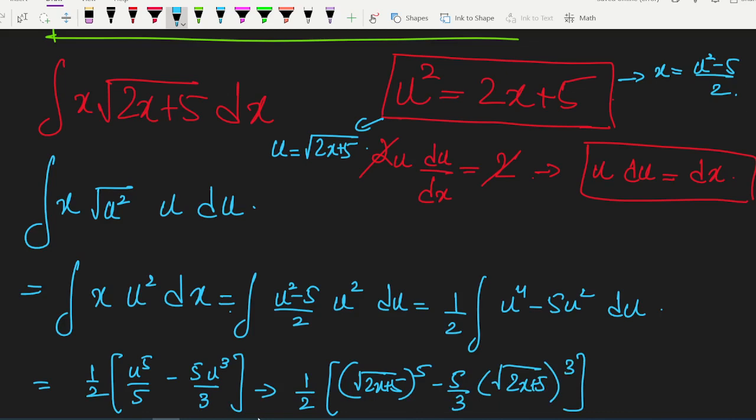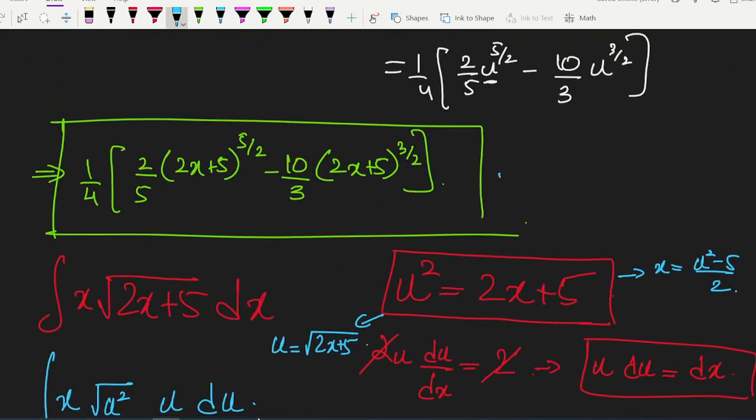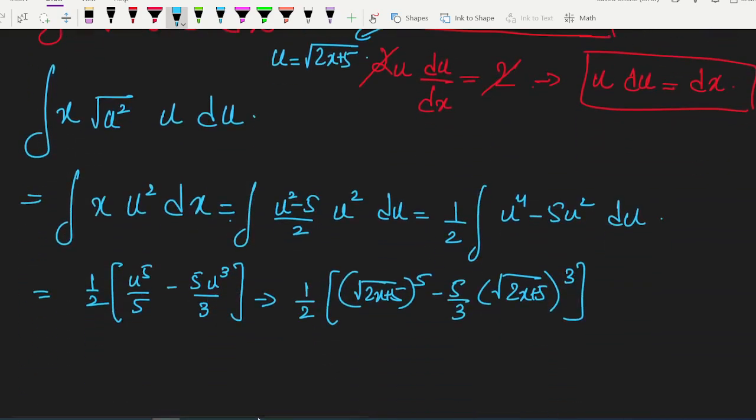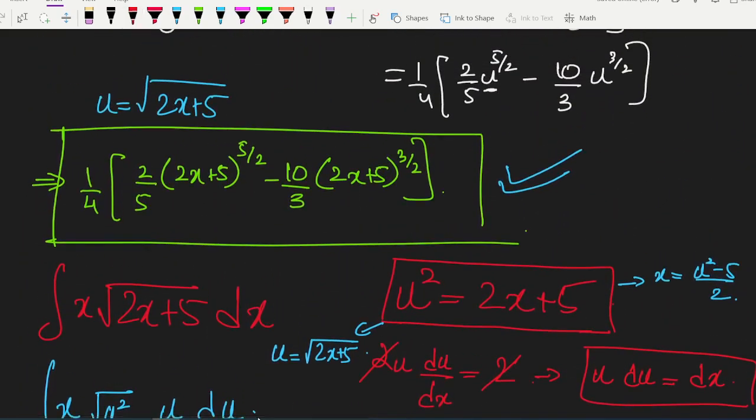Now this is homework for you: to show that this result from the first substitution, substituting u as 2x plus 5, and this result by substituting u square as 2x plus 5, are equal. Sorry, I made a bit of an error. This is not an error. Here we substituted u equals 2x plus 5.